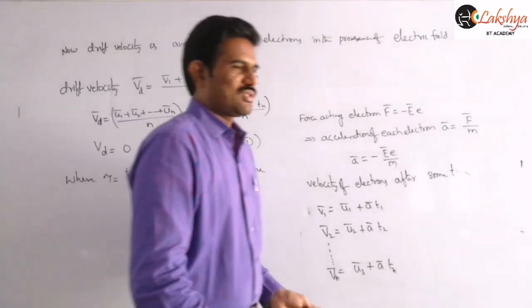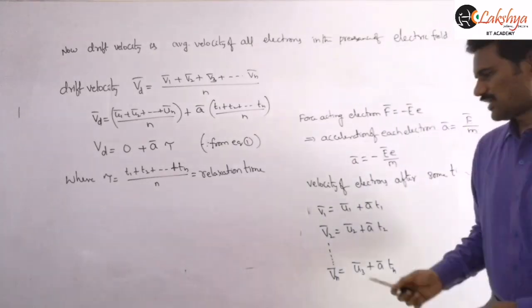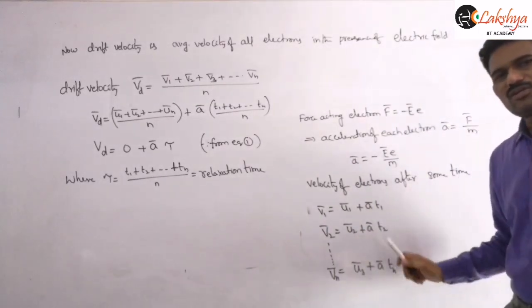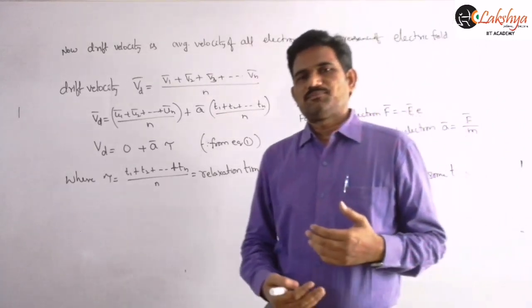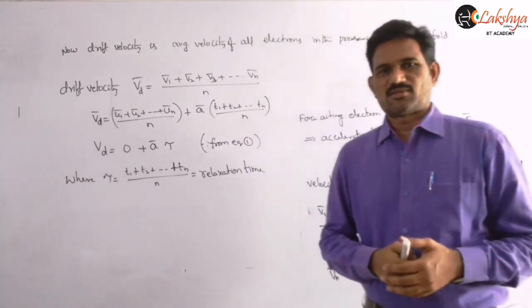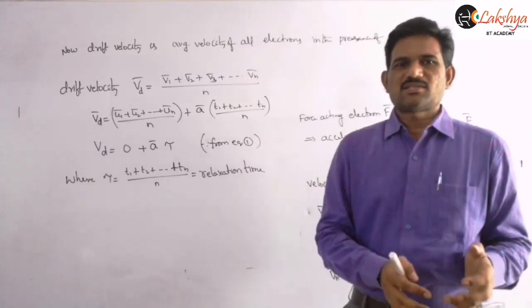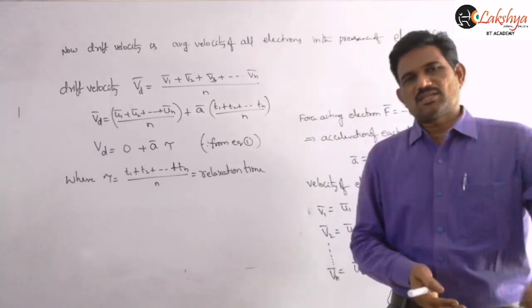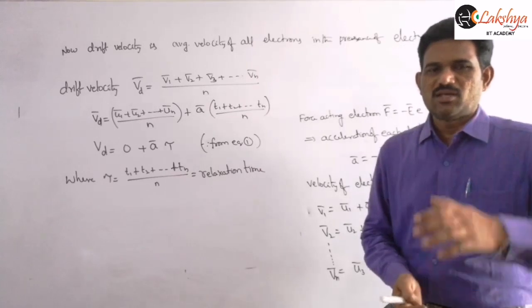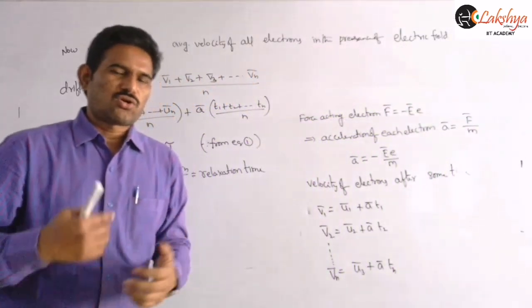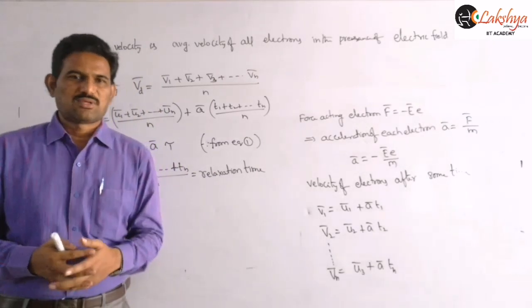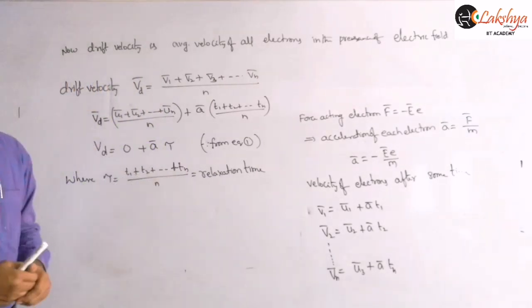So here we mentioned that different electrons are taking different time intervals, so that we are taking T1, T2 and T3. Or the same electron may take a different time between two collisions. So for the first collision it is taking say 5 seconds for example, the next collision it may take only 1 second, or the next collision it may take 0.1 second. So like that the same electron also may take different time intervals for the next collisions.